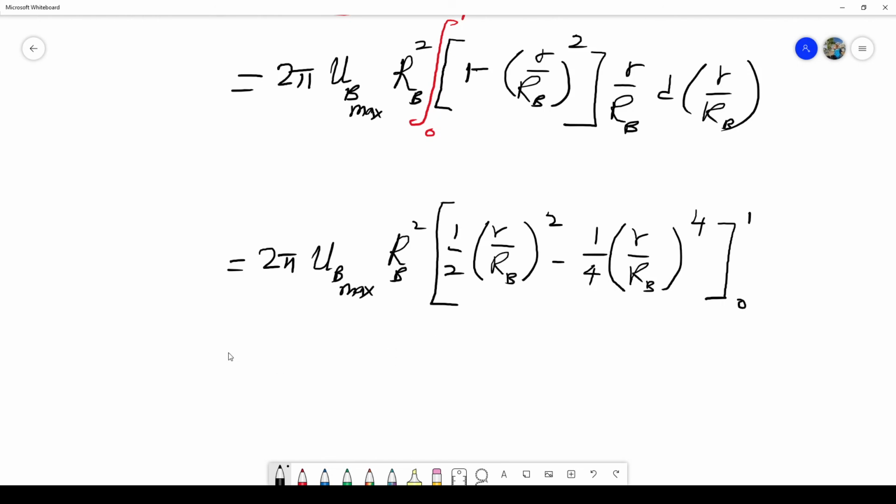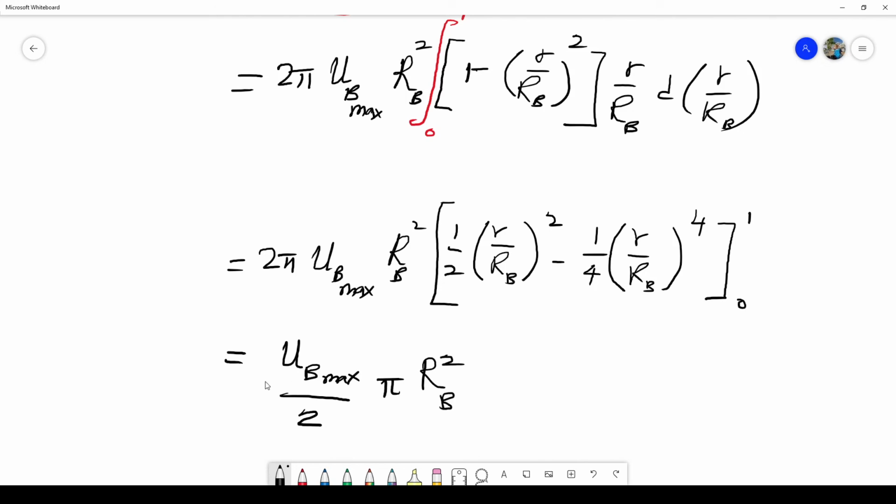If we do this, we will get UB max over 2, multiplied by pi, and then multiplied by RB square.